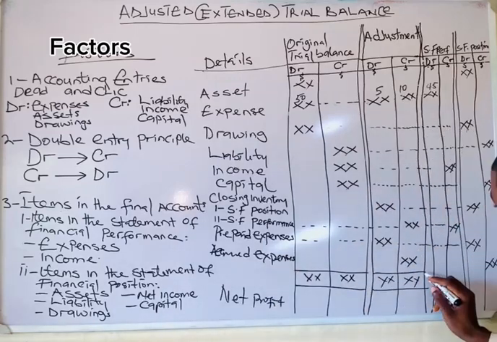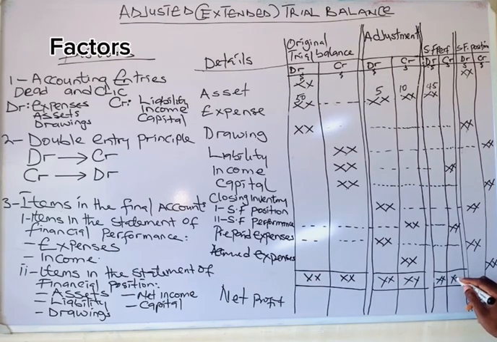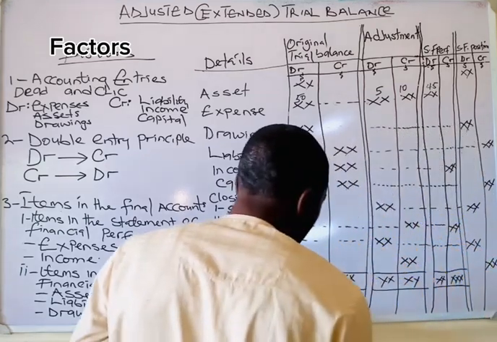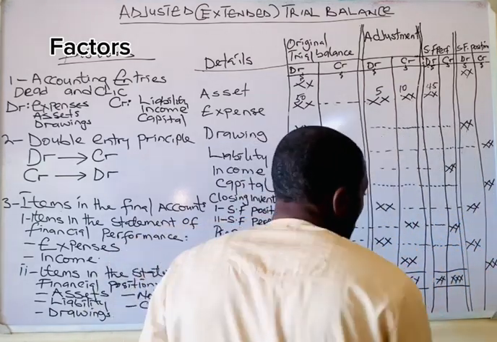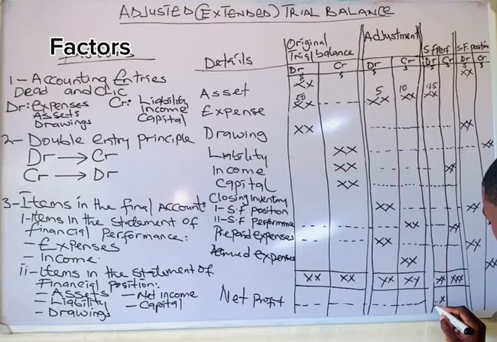Like this. If you add the credit and the debit side, here will be, assuming 2x, and here will be 3x. And if you identify the difference, being 1x, that is our net profit. So if you add it, you will get your 3x and 3x.